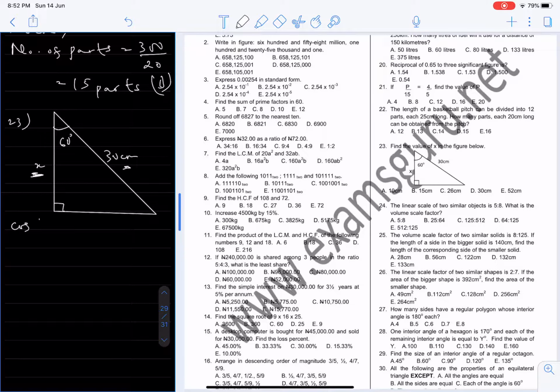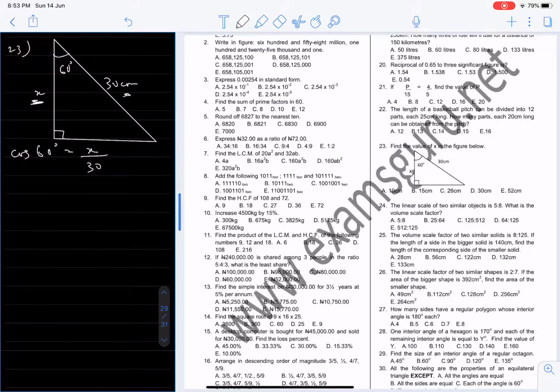What trig ratio relates adjacent to hypotenuse? That's cosine. So cos 60 degrees equals adjacent, which is x, over hypotenuse, which is 30. The hypotenuse is always the side facing the right angle, the one facing the angle we are talking about is opposite, while the last one is adjacent.